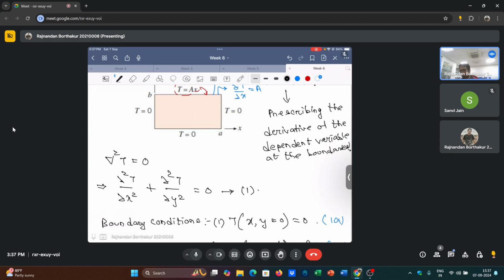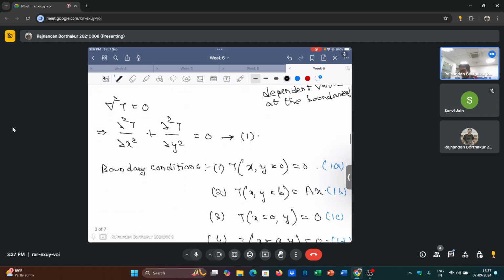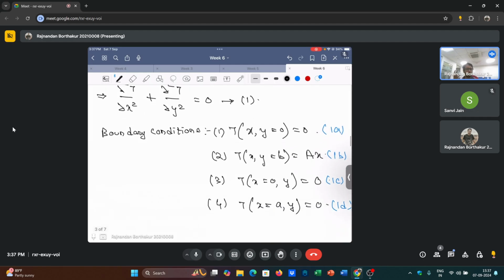Okay, if no questions, we have stated the governing equation and the four boundary conditions. The next task is to use the method of separation of variables to solve this.